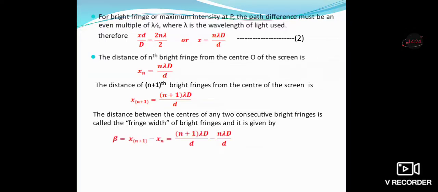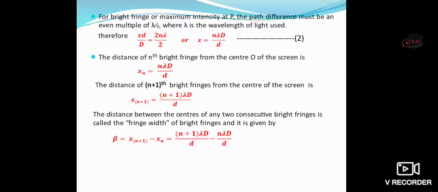So we have to consider two consecutive bright fringes and take the distance between their centers. The two consecutive fringes are xn and xn plus 1. You take the difference of them, then you get the total distance between them. Therefore, that fringe width will be given by beta.